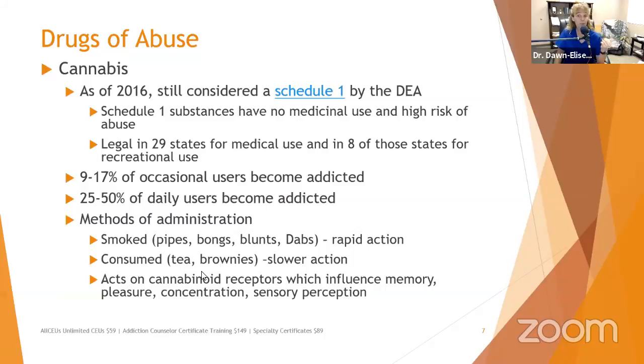It can be smoked in pipes, bongs, blunts, or even through dabs, and that is the more rapid action. If people drink it in tea or eat it in brownies, there is a slower mechanism of action for the cannabis. Cannabis acts on cannabinoid receptors, which influence memory, pleasure, concentration, and sensory perception.